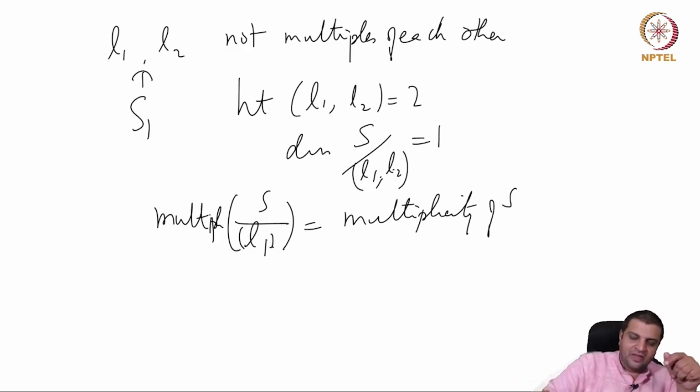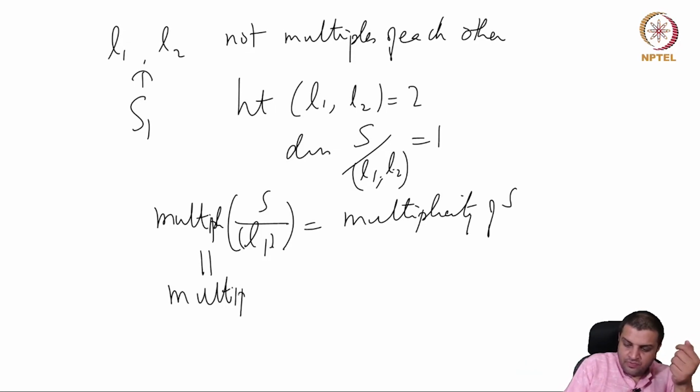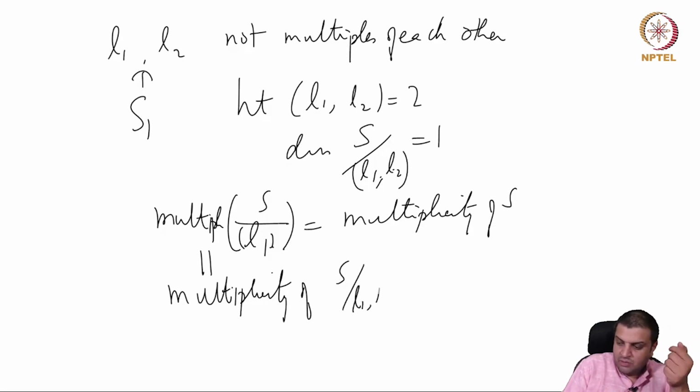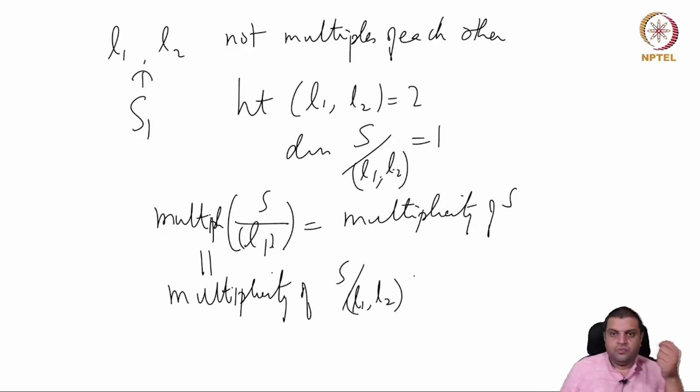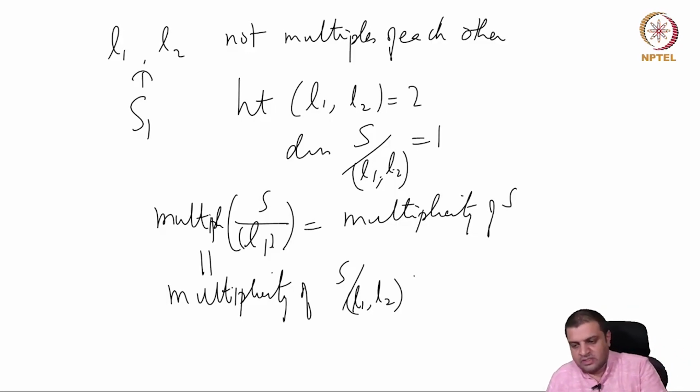We used it in the other direction to prove something about the numerator of the Hilbert series, but the equality is what we want. So this is the multiplicity of S mod L1, L2. So they do intersect, and they intersect in one point with no multiplicity, one simple point.